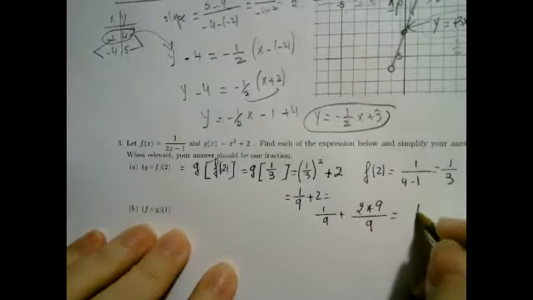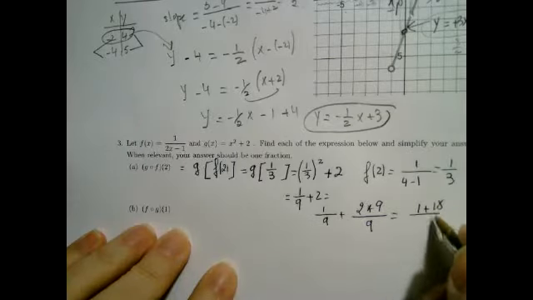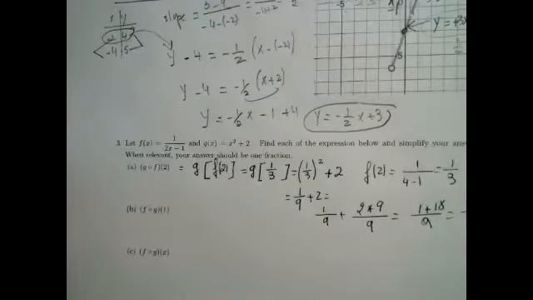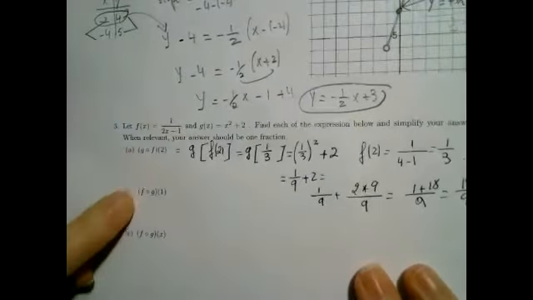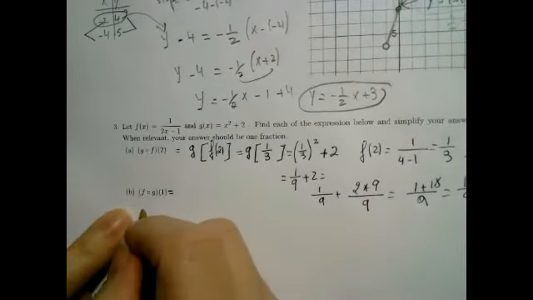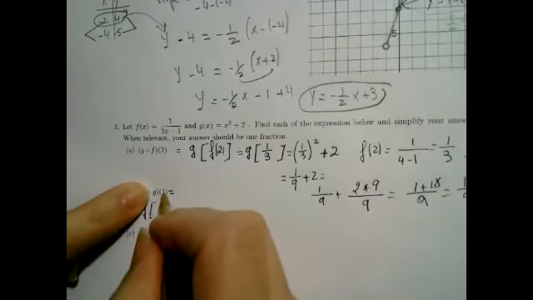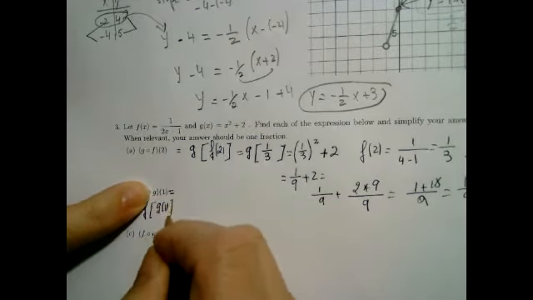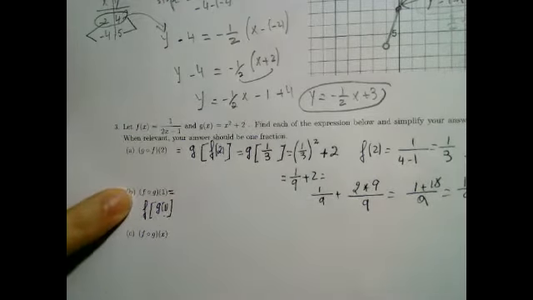It means 1 plus 18 over 9, 19 over 9. All right? Again, f composed with G of 1. You start with 1, you compute G of 1, and then you compute f of G of 1.